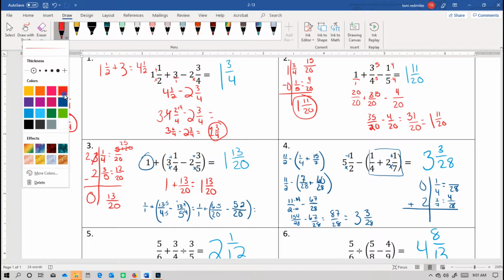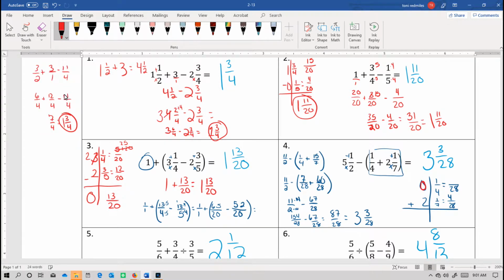This is going to get confusing. All right, so now I'm going to add my columns. 4 plus 7 is going to give me 11 over that 28, and 0 plus 2 is 2.